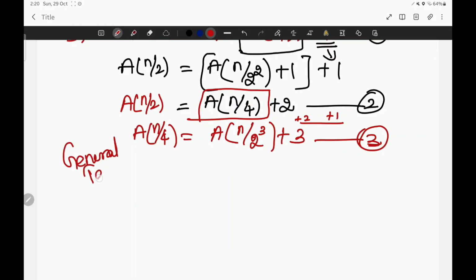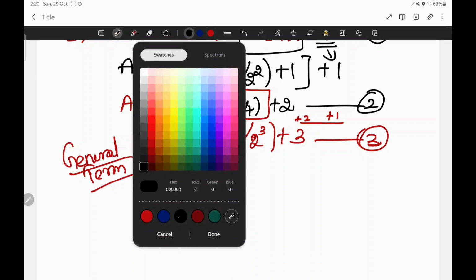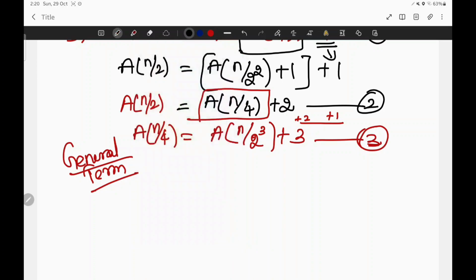So now by having this, we can define the general term. We understood the continuation, how we are getting it. Therefore we can write the general term as A of n is equal to A of n by 2, which is common to all the equations.